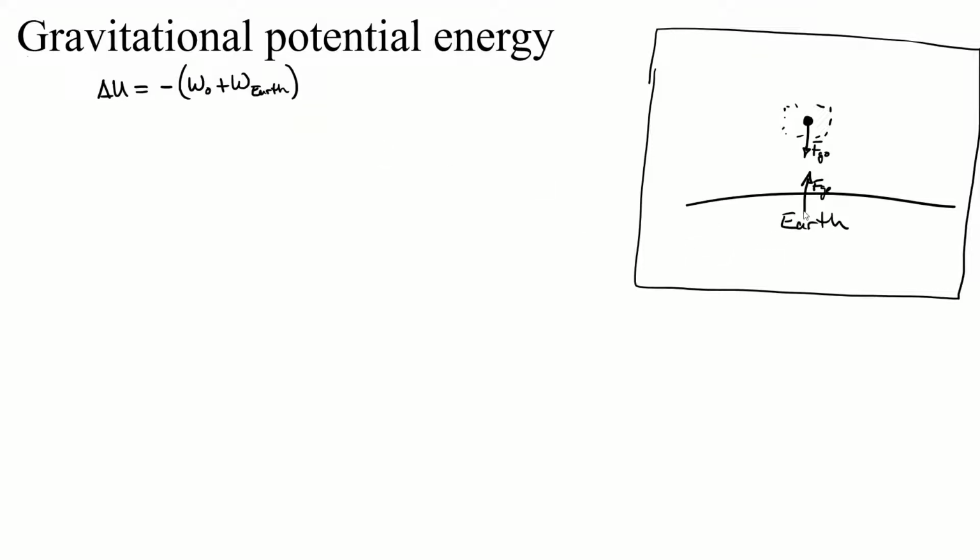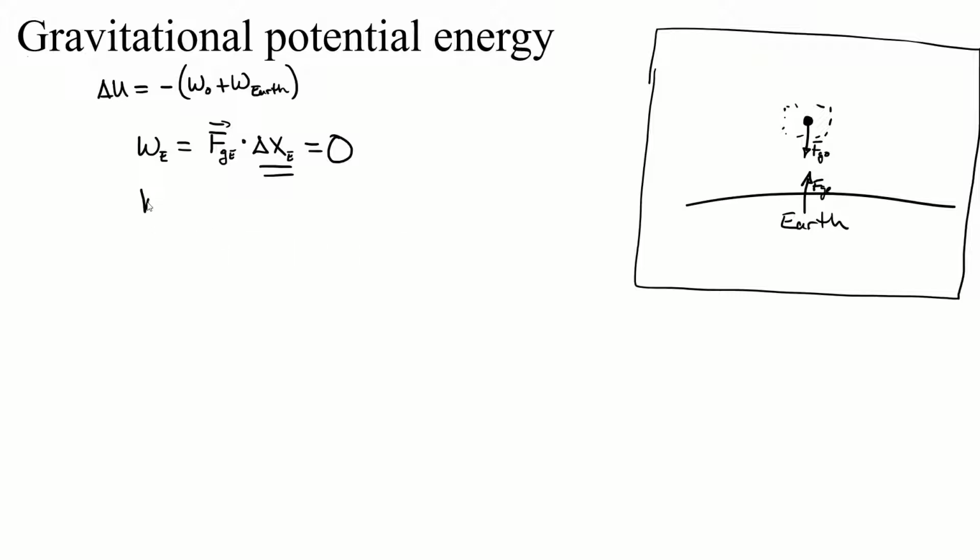And if we look at the work done on Earth, well, the force of gravity is going to be constant in this, so it's just going to be the force of gravity on Earth dotted with the change in position of Earth, right? And it's safe to say that the Earth is so massive that for anything going on here, the Earth isn't going to be moving much. So the Earth doesn't really change its position. So the work done on Earth is zero.